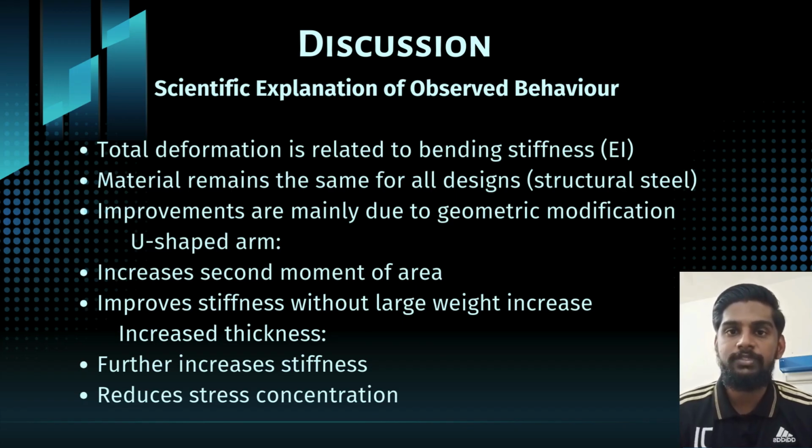In design 2, the thickness of critical components is increased. Increasing thickness further enhances stiffness and reduces stress concentration by distributing the load over a larger cross-sectional area. As a result, both design modifications improve structural performance, with design 2 showing the most significant improvement.